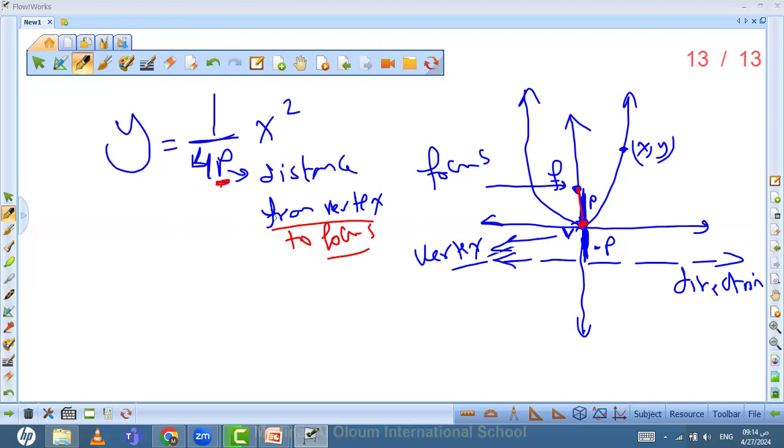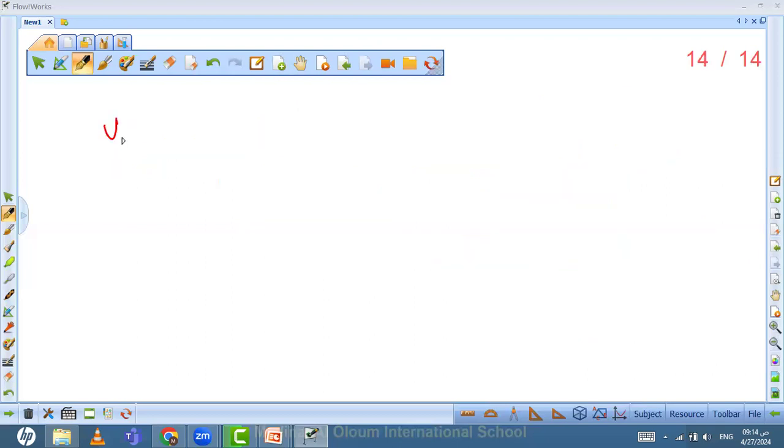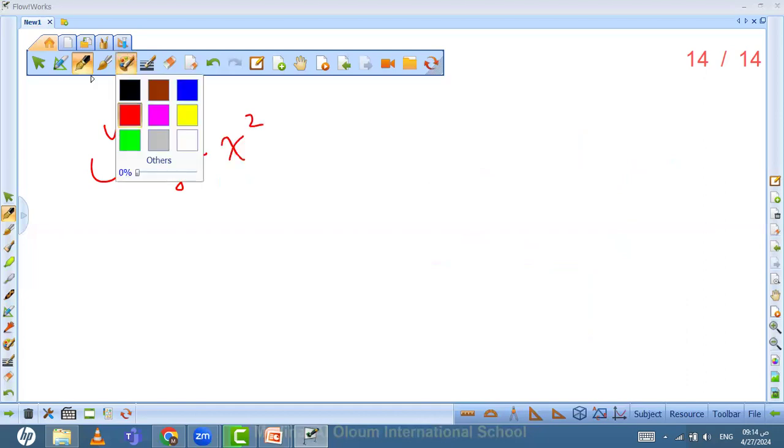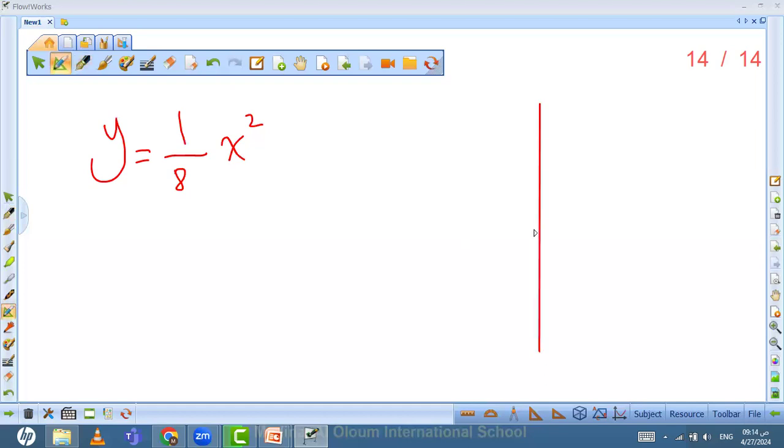Okay, let me give you an example. Y equals 1 over 8 x squared. Now, how could we graph? I will make x and y. Where is the vertex? Vertex is 0, 0, because x alone and y alone.